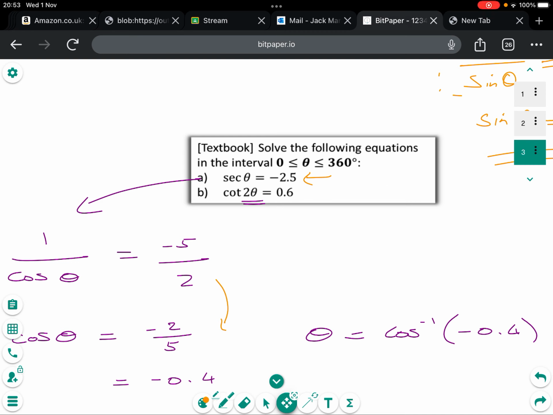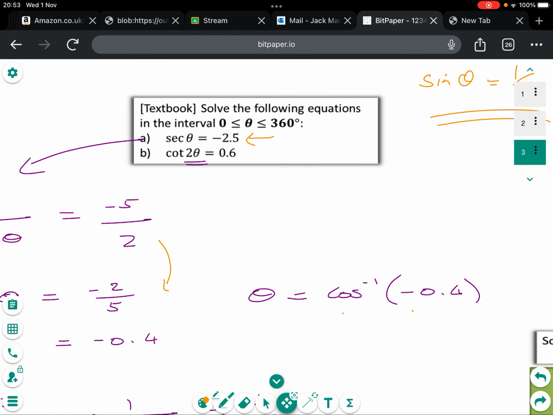I'm going to then do inverse cos of minus 0.4. And then if we think about a cos graph very, very quickly, I'm going to be given this value here. I will find this. This is an obtuse number, so it's going to be somewhere between 90 and 180. And then how do I find this other value here? Well, I will do 360 minus my answer. So that's the way it's going to go.